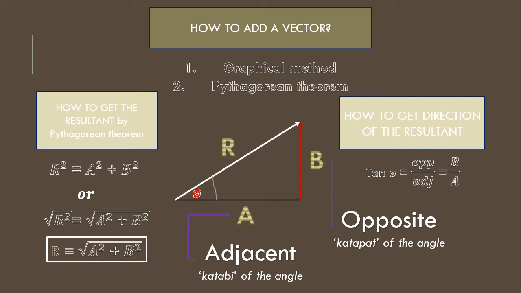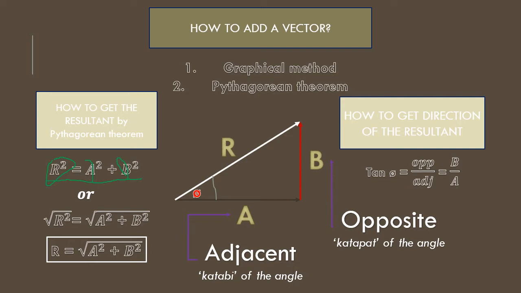So, our equation is r squared is equal to a squared plus b squared. Yung r squared is yung longest side or yung hypotenuse, which is the resultant. And yung a and b, pwede naman silang magkapalit.